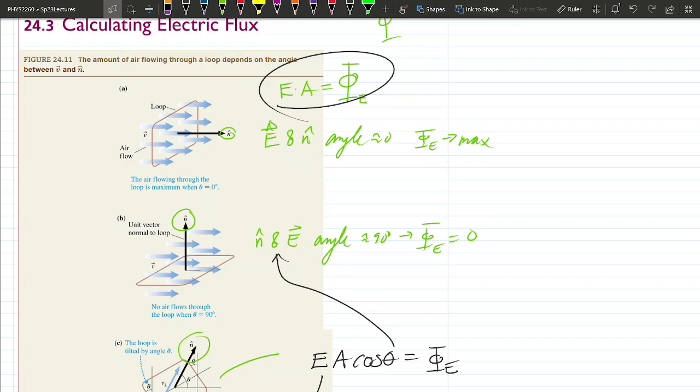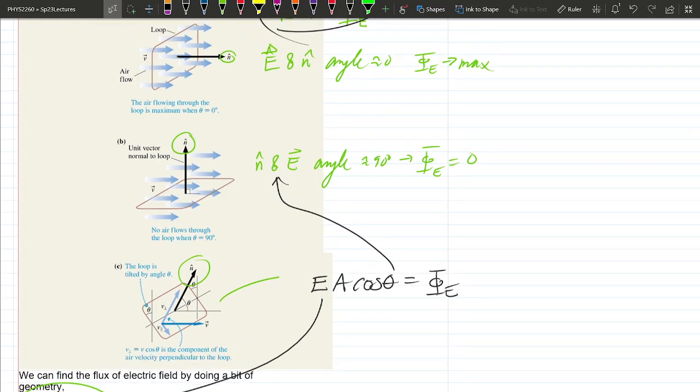So if the surface's normal vector, meaning the one that sticks out perpendicular to that surface, is aligned with the field, that means the angle between them is 0, and therefore you maximize the electric flux. But if the surface is rotated, you can see that the flux doesn't pass through this little rectangular ring, and therefore the flux there is 0.